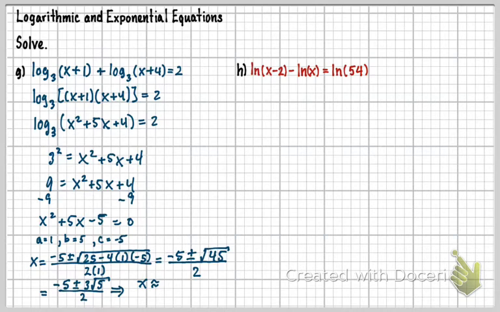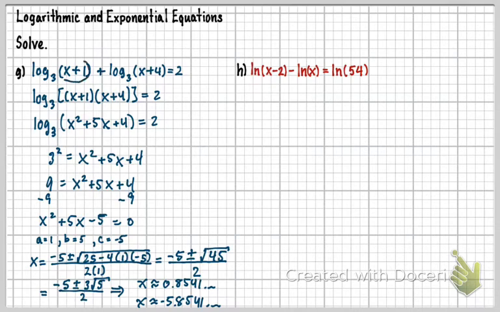So when I take the negative 5 plus the 3 square root of 5, that number is going to result in 0.8541 and so on, and the other number, when I plug in the negative 5 minus the 3 square root of 5, that's going to be approximately negative 5.8541 and so on.